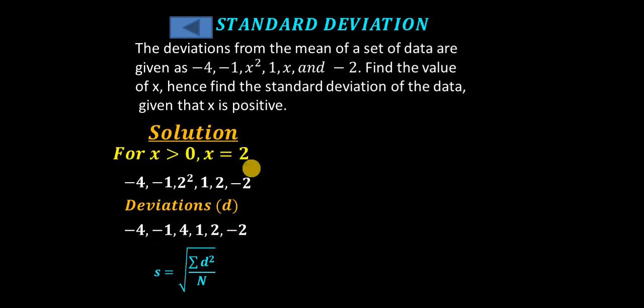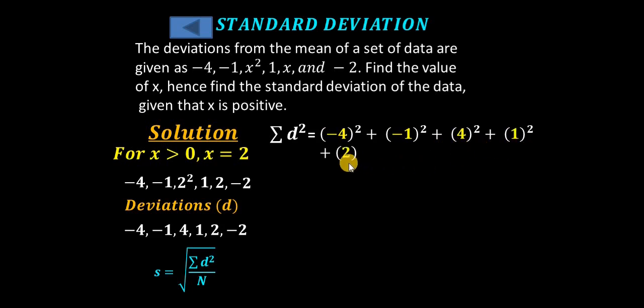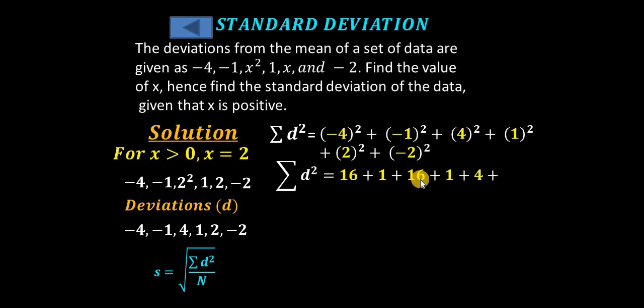The summation of the deviation squared is negative 4 squared plus negative 1 squared plus 4 squared plus 1 squared plus 2 squared plus negative 2 squared. This simplifies as 16 plus 1 plus 16 plus 1 plus 4 plus 4. And finally, that gives us 42.